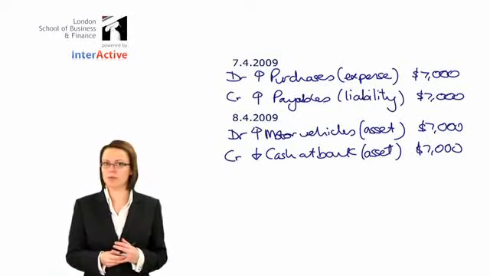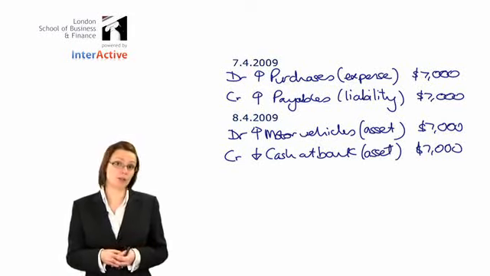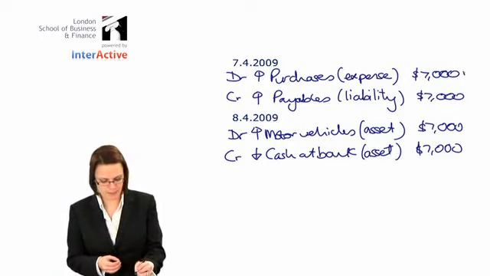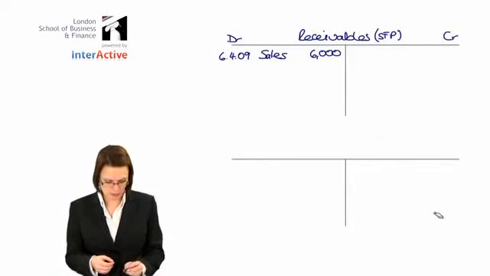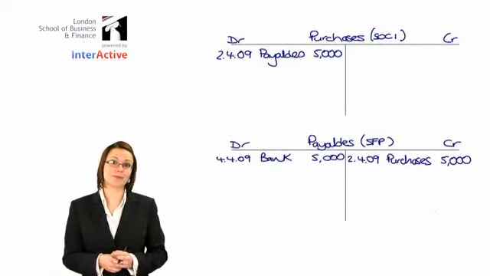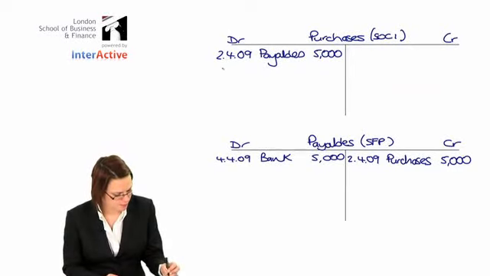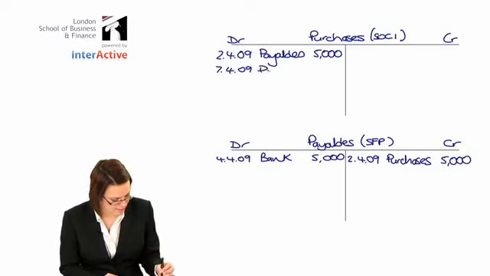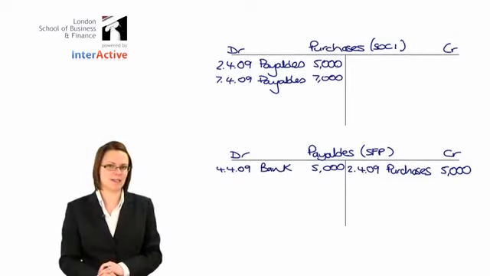Both of those accounts are already opened up. It's the same transaction as transaction number 2, so all we need to do is post it in the same places. So ticking them off then, if we go back to our purchases and payables ledgers, we can see then that with purchases on the 7th of April 09, the corresponding account is payables, $7,000 on the debit side to increase that expense.